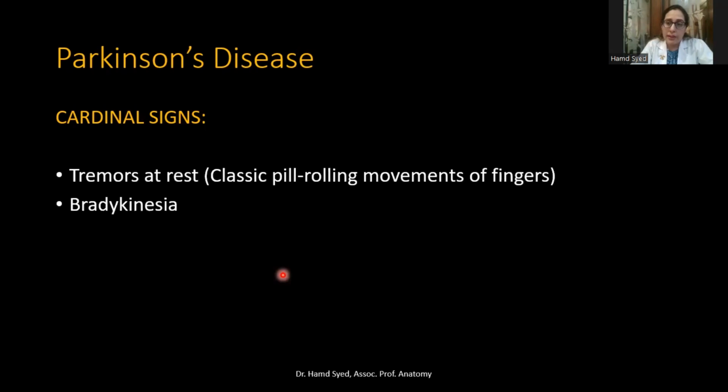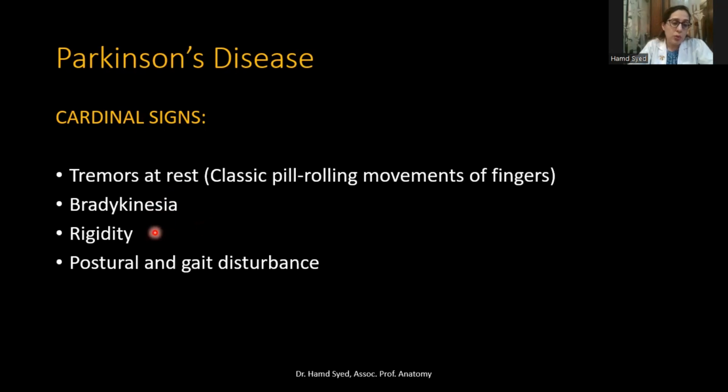Also, there is bradykinesia, which means slowing of the movements and difficulty in initiating the movement. There is rigidity in movement as well, which can be the passive rigidity, the rigidity that occurs on passive movement of the limbs, or it can be the cogwheel rigidity, that is the resistance which occurs in segments.